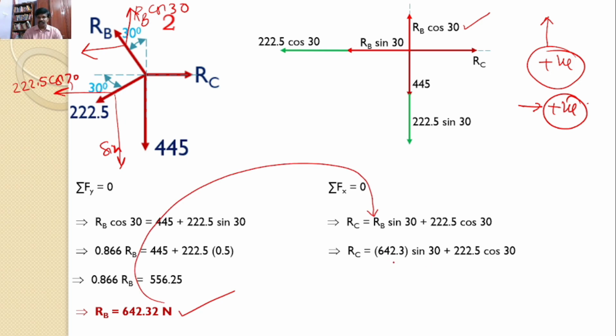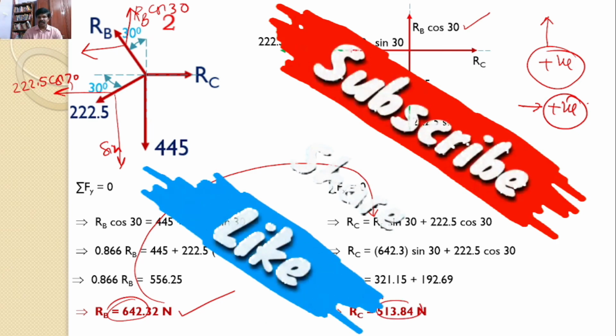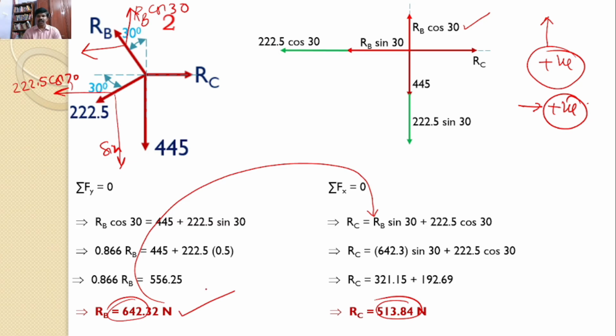Then you will get 642.3 into sin 30 plus 222.5 into cos 30, and you can simplify. Then you can find RC is equal to 513.84 newtons. So RB is equal to 642.32 and RC is equal to 513.84 newtons. These two are the answers for this problem.